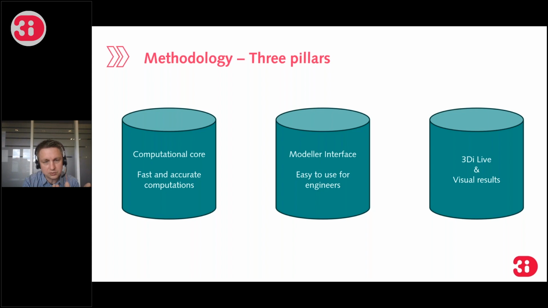What does the computational core bring to the mix with a certain type of simulation? How are you able to use it using the modeler interface, and how are you able to either see the simulations live or to interpret the results in a visual way?